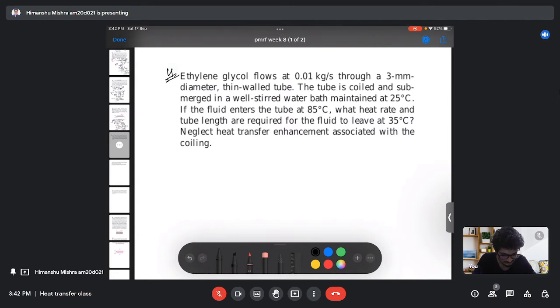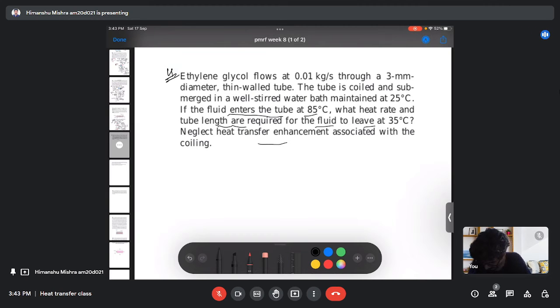In this question, ethylene glycol flows at 0.01 kg per second through a 3 mm diameter tube. The tube is coiled and submerged in well-stirred water maintained at 25 degrees Celsius. If the fluid enters the tube at 85 degrees Celsius, what heat rate and tube length are required for the fluid to leave at 35 degrees Celsius? Neglect the heat transfer enhancement associated with the coiling.